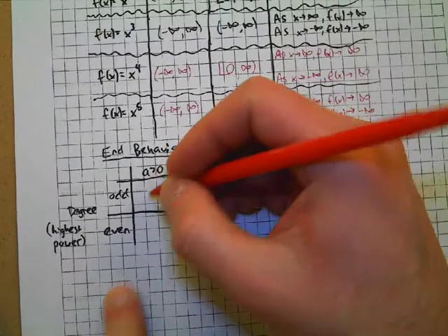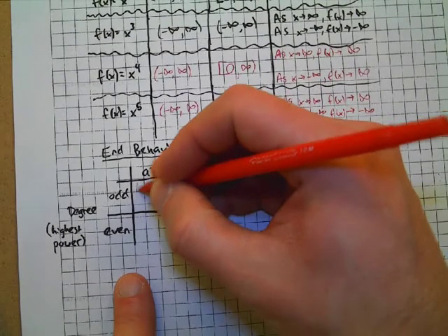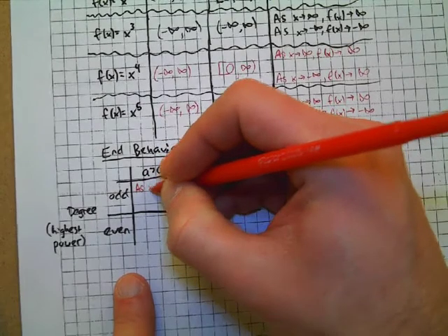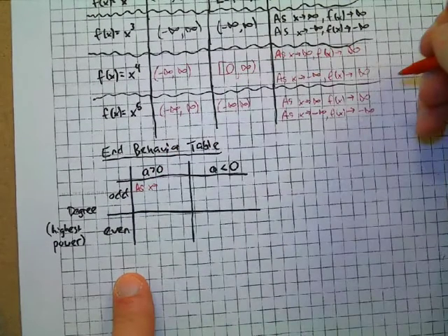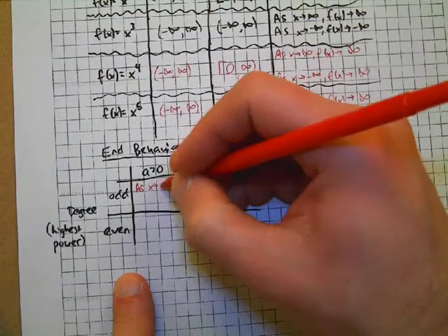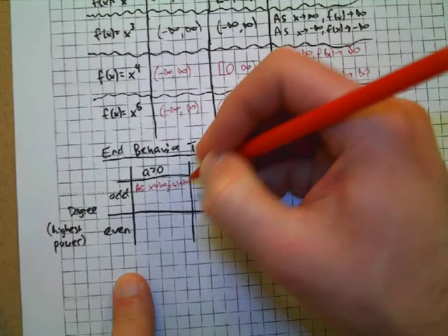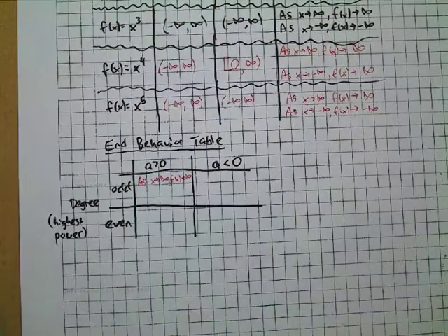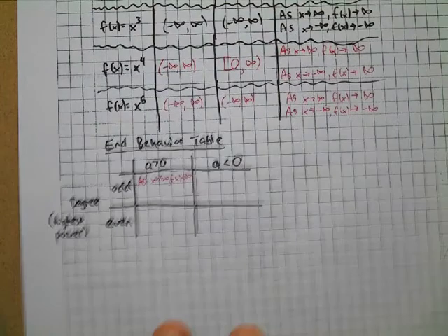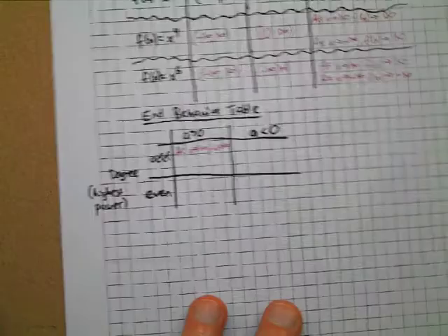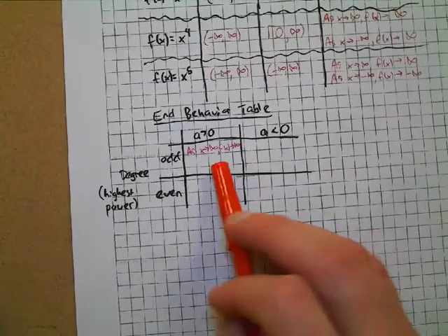So as x goes to, I didn't leave myself enough space for this. Very tight. There you go. Okay, so as x goes to infinity, f of x goes to infinity.